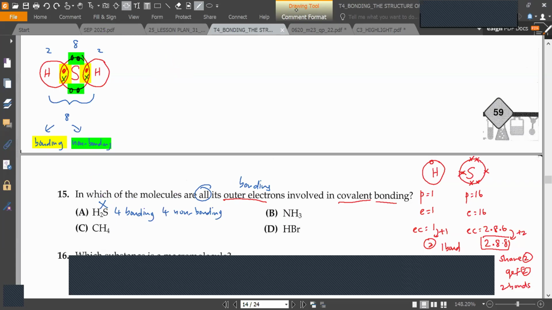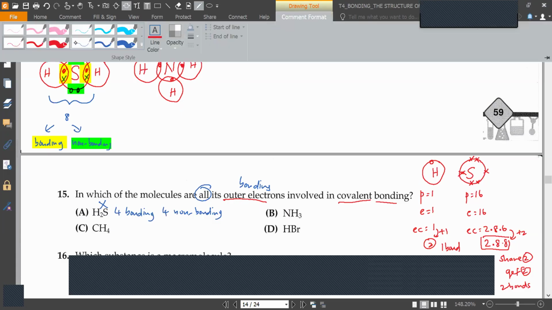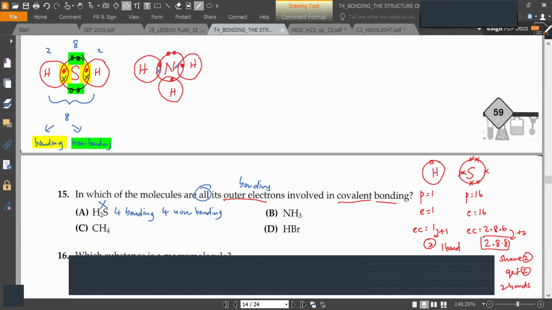Nitrogen has 5 outer electrons, and hydrogen has 1 outer electron.